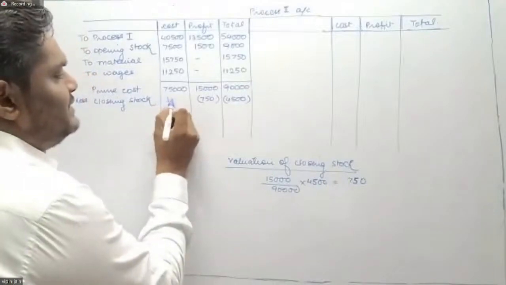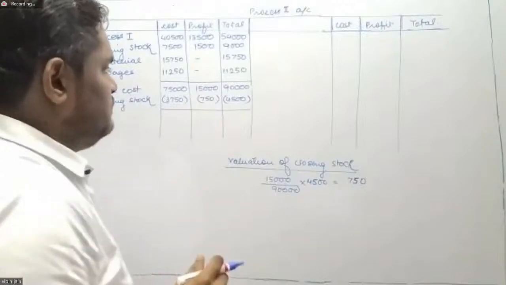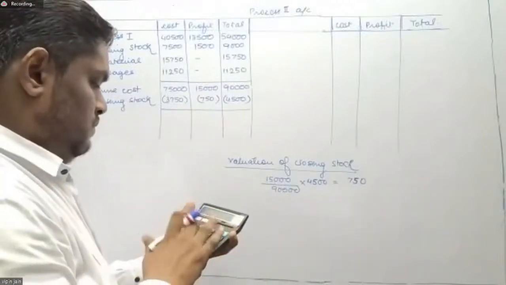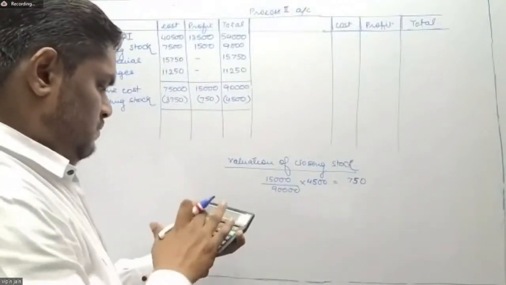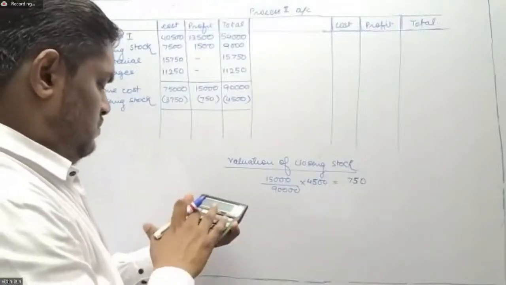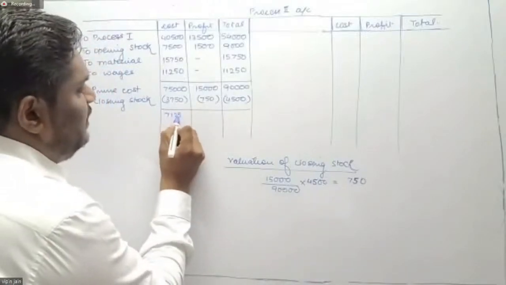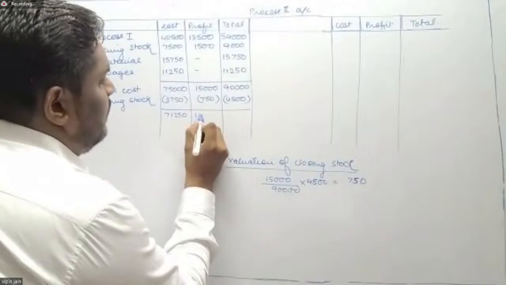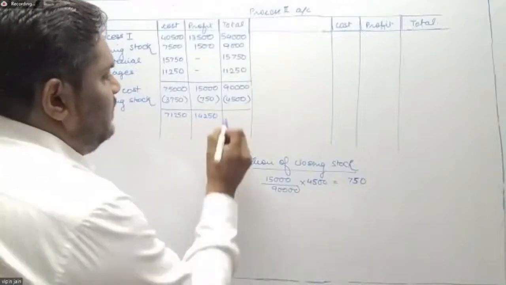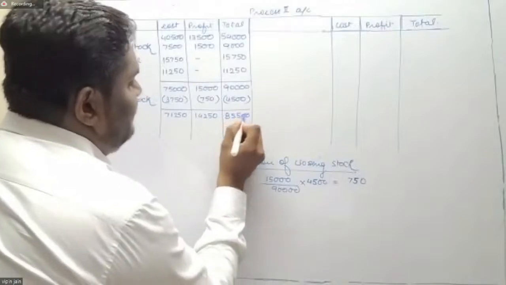So this will be 375. So this will be 71,250, 14,250, 85,500.